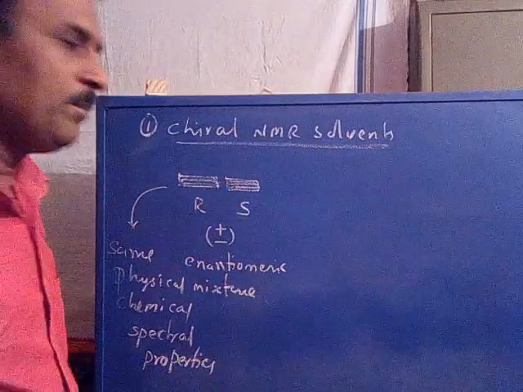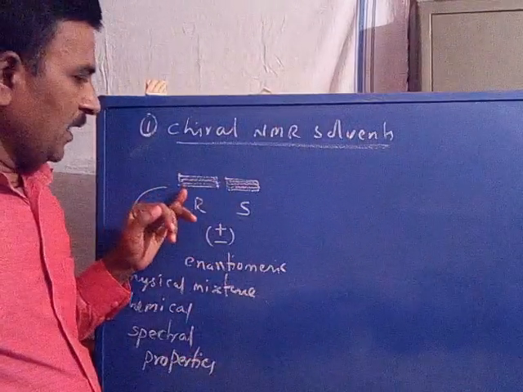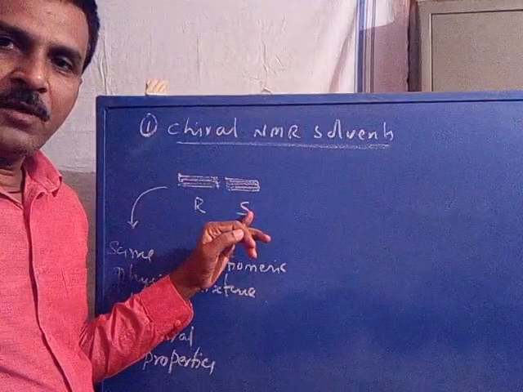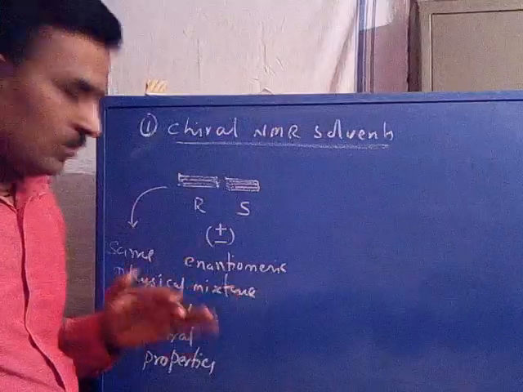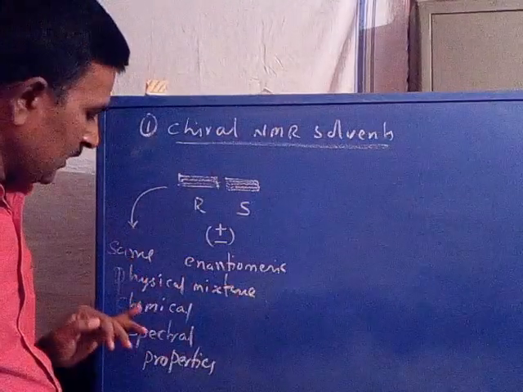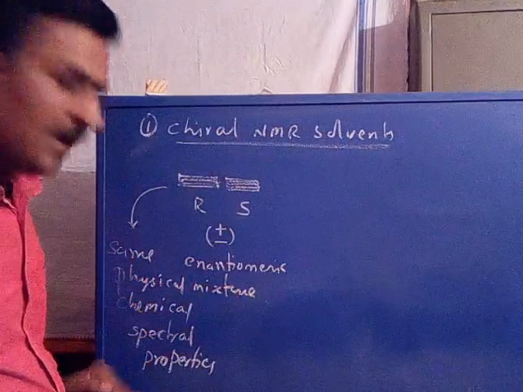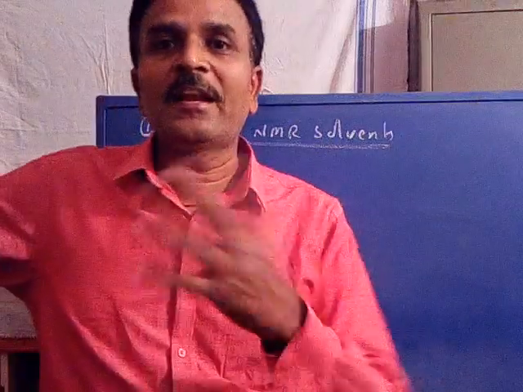In a simple way, the R isomer and S isomer of the enantiomeric mixture both have the same physical property, same chemical property, and also the same spectral property.